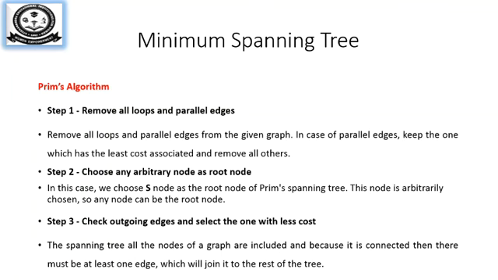If two edges have the same cost and including one edge forms a cycle, you should remove it. If you have an edge to an adjacent vertex which is already visited, you can remove that edge. Or else, if the weight is less than the previous edge, you can replace the edge. So this is Prim's algorithm.